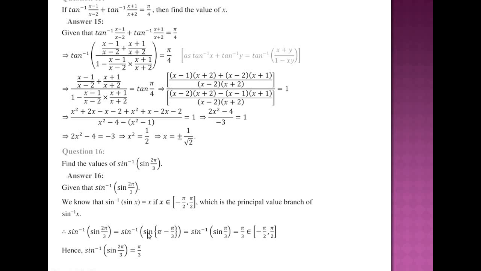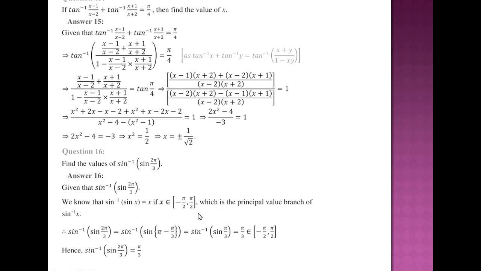How am I going to write sine 2 pi by 3? I am going to write this as sine of pi minus pi by 3. See, the meaning has not changed. Pi minus pi by 3 is 2 pi by 3 only. Now you learned the property in 11th standard, sine of pi minus x is sine x, right? So sine of pi minus pi by 3 will be sine pi by 3. Now sine inverse and sine will nullify each other. Now I am getting the result as pi by 3.